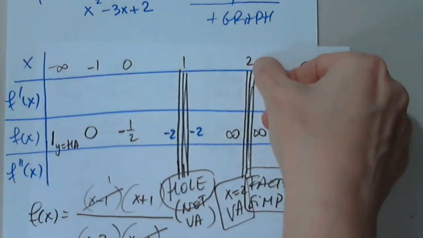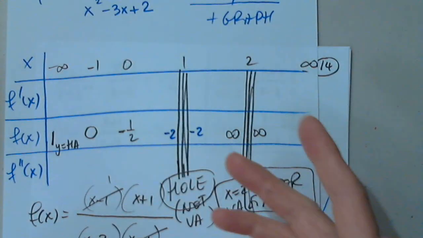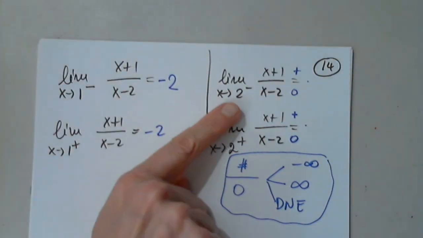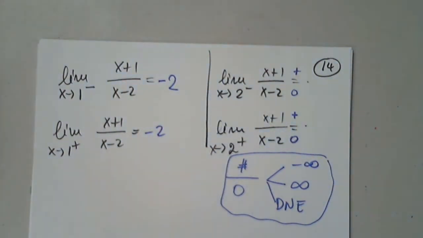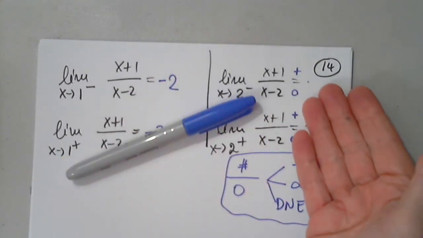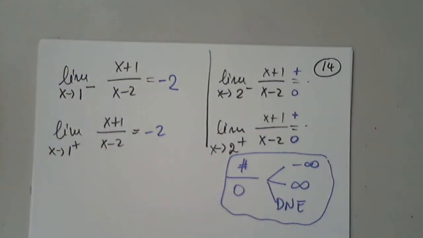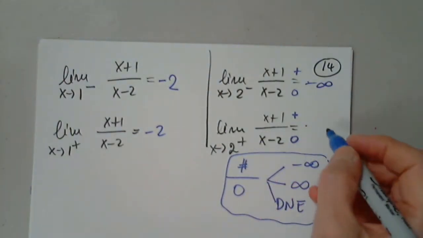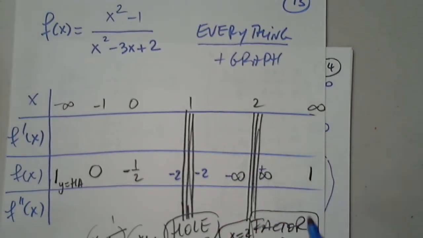If we talk about from either side, in this case, it will be DNE, but we only need from the left and from the right. So from the left, we plug in 1.9. What do I write? Negative infinity. Perfect. And from the right, positive. Exactly, that's all I needed. So it's negative here and positive here.